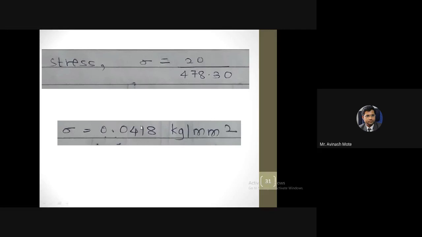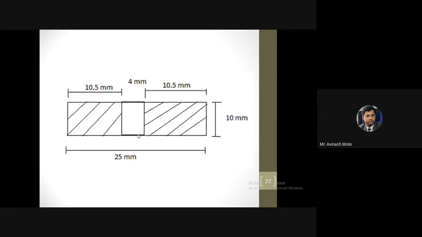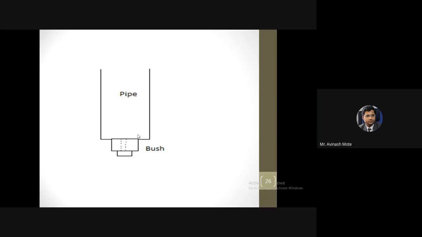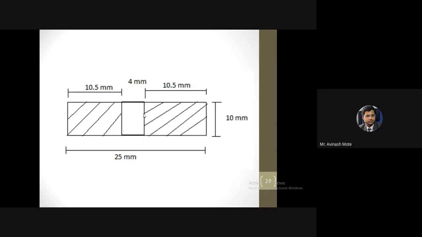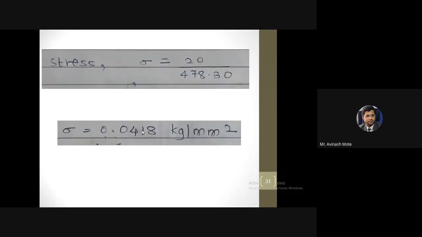So this is the stress on the individual bush, 0.0418 kg per millimeter square. How have we calculated? Load per bush and area of the bush. Area of the bush will be total area minus hollow area. So finally we got the stress.